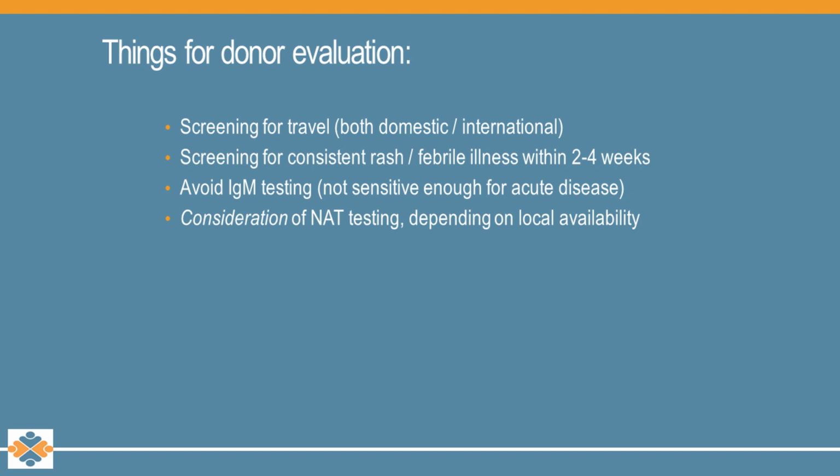So certainly it highlights the need for travel screening, as do most of the illnesses that I'm going to talk about today, both for your recipient and also, most importantly, for the donor. I do think understanding whether the donor has had a consistent febrile illness or rash would be important, and this is something where local NAT testing may be helpful.